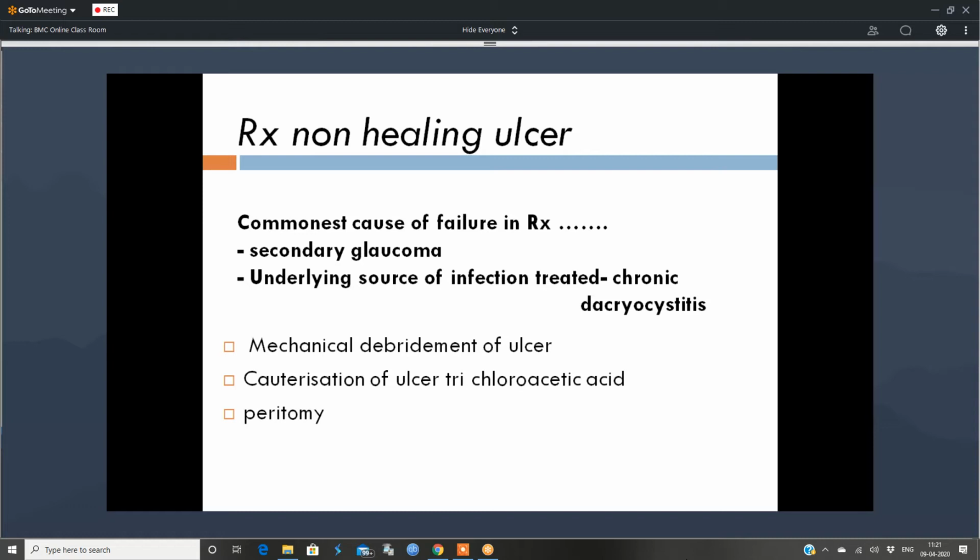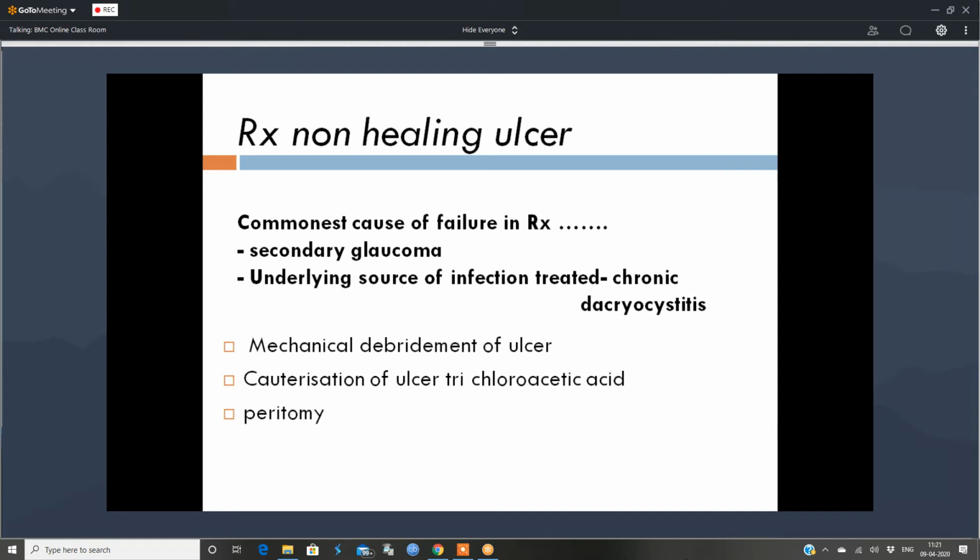See, what happens is whenever there is inflammation in the cornea, there is hypopyon, there are a lot of cells in the anterior chamber. All these inflammatory cells will go and clog the trabecular meshwork, and they resist the aqueous flow, because of which there is secondary glaucoma.